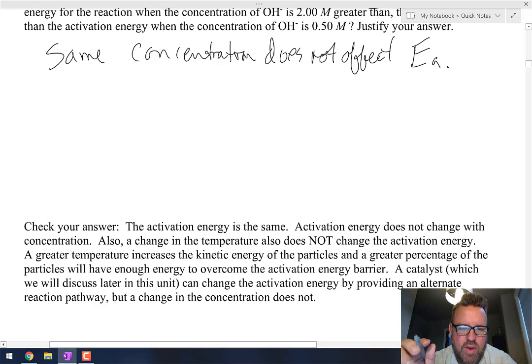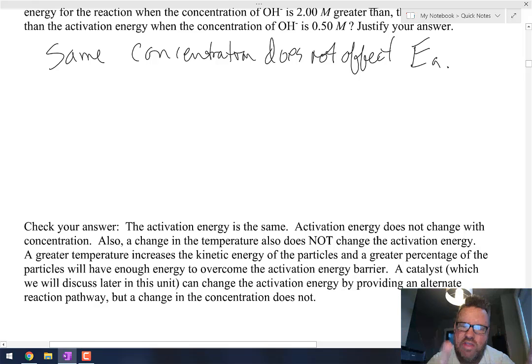A greater temperature makes the molecules have more energy so they can overcome the activation energy barrier, but a change in the temperature does not change the activation energy. That's the wall that's there, and you have to have enough energy to get over it. And if you don't, then you can't. When you raise the temperature, more of those particles have enough energy to jump over that wall and get past that activation energy barrier.